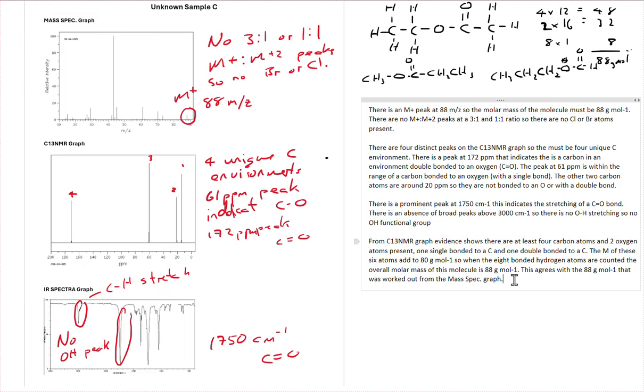I've used and integrated 2 different graphs to assure that we've got the right answer here.